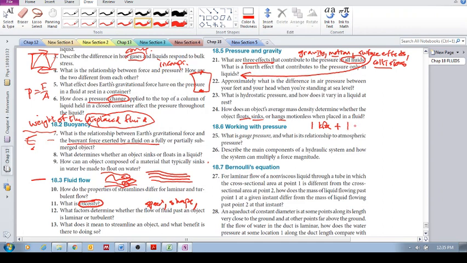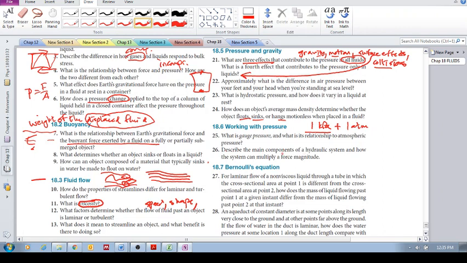So you need to add 1 atmosphere. So that the actual pressure is the reading that you get, plus the atmospheric pressure. That's the total pressure. So gauge pressure is just the pressure in addition to the atmospheric pressure.